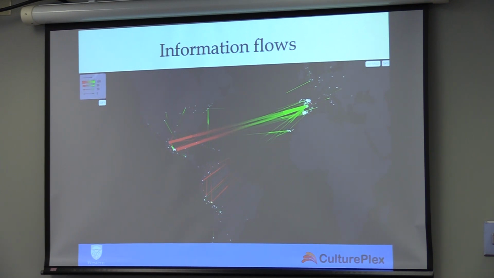So what we have here, as we said, is the origin of the paintings. The thickness of the flow has to do with the volume of art, of painting, that has gone to the green places, which is where those paintings are today. Okay? And you see a lot of things if you want to do post-colonial history about this.